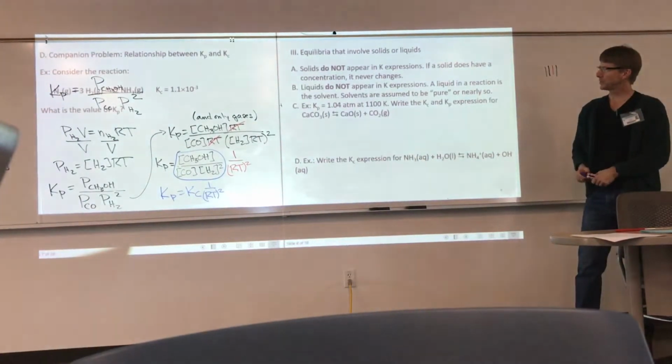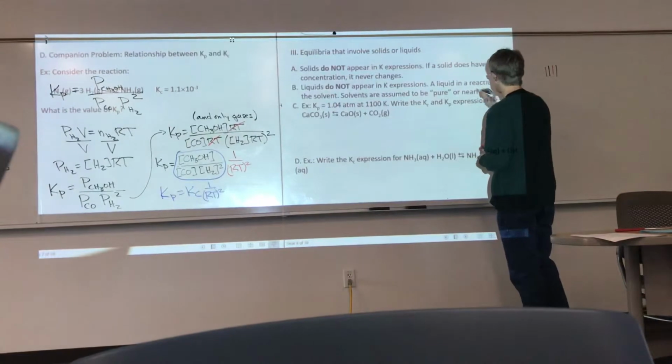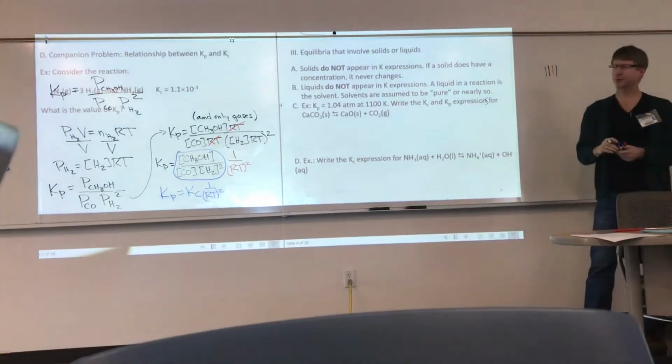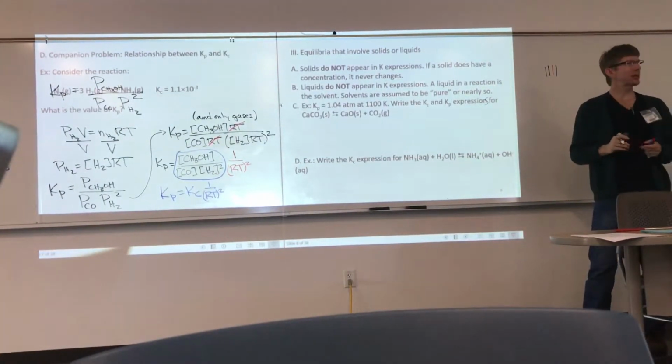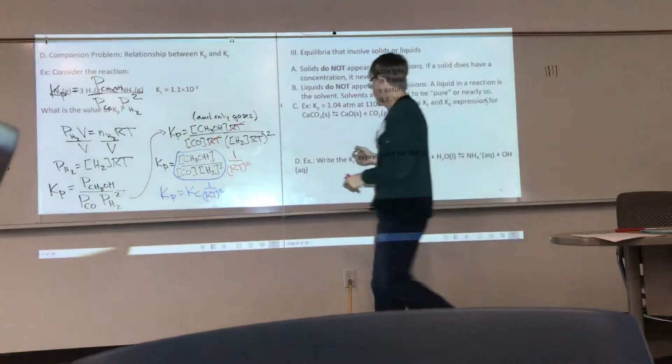Now an example. Kp equals 1.04 at 1100 Kelvin. Write the Kc and Kp expressions for the following reaction. Expressions just mean in terms of concentrations or partial pressures. Let's do both.